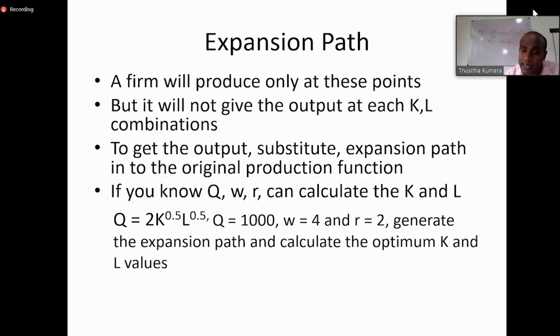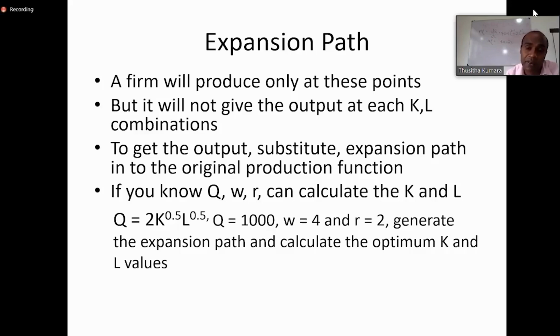Then if we know the output level as well as the factor prices, we can calculate the output level, and then at that level, what capital and labor we should be employing.